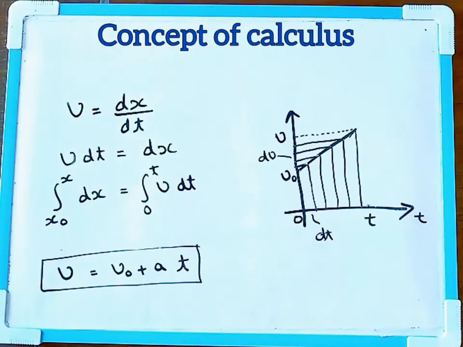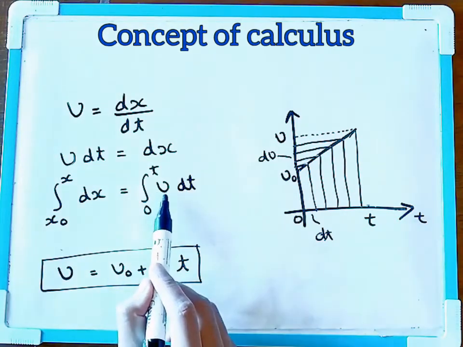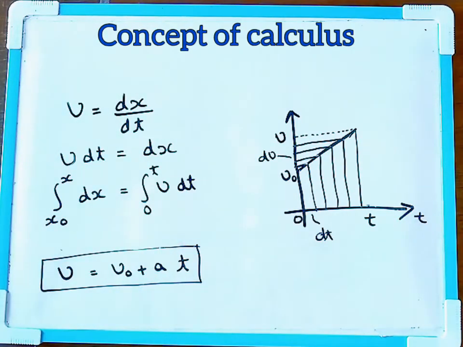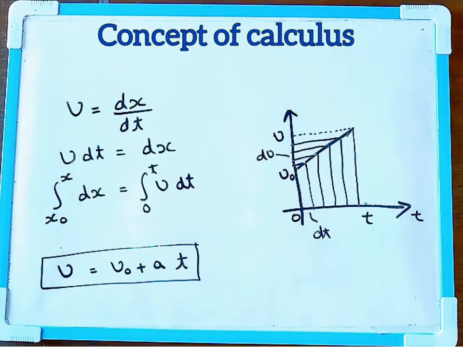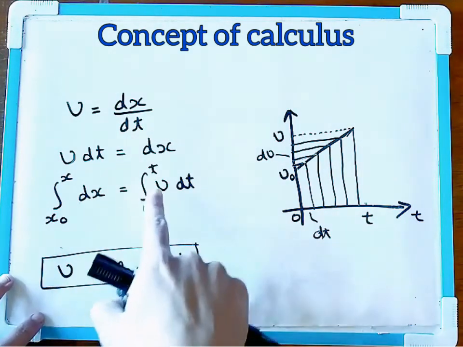Here v is not constant, like in the earlier case where the velocity was constant. Since the velocity is not constant, we'll have to put v is equal to v naught plus at. So I'll put this one here.